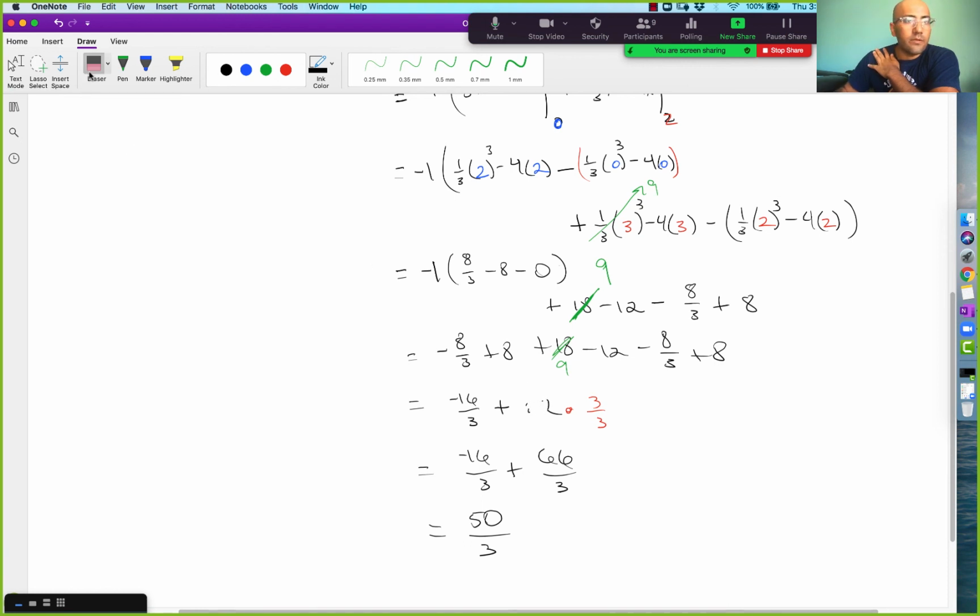What the heck's happening with this? So that makes it 13. 8, 16 minus 4 makes it 4. 4 plus 9 makes it 13.